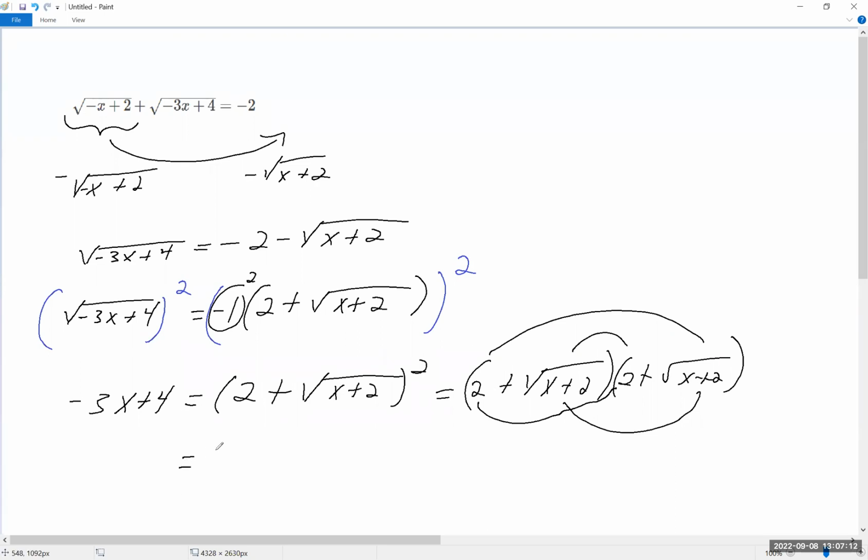And what I end up with is first, outer is 2 root x plus 2. Inner is 2 root x plus 2. And last is x plus 2. So not straightforward for most students.